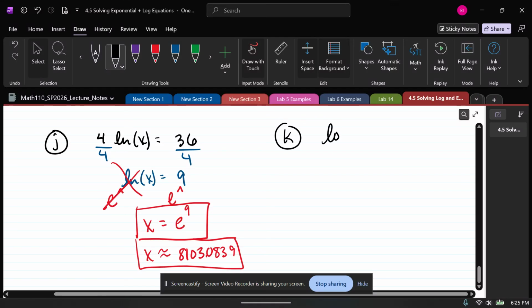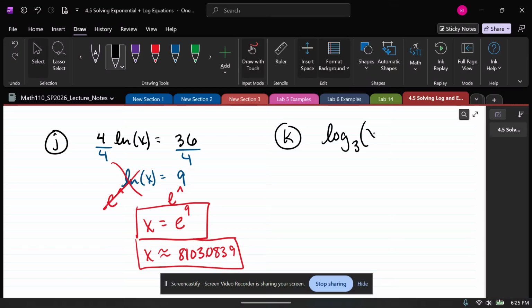Let's say it started out like this. Log base 3 of x plus 6 is equal to 5. Is the logarithm isolated? Yeah. The x plus 6 is inside of that logarithm, but there's nothing else on that side that's outside of that logarithm. So now I'm ready to exponentiate.